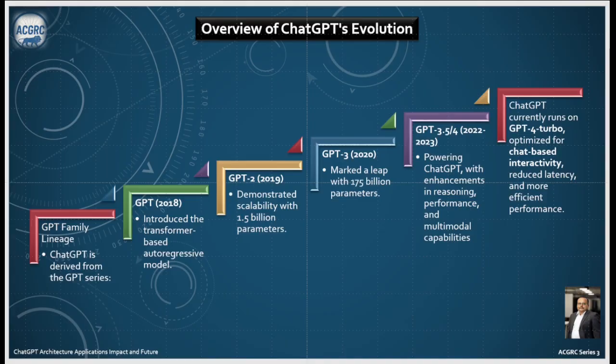GPT-3.5 and 4, between 2022-2023, powering ChatGPT with enhancements in reasoning, performance, and multimodal capabilities. ChatGPT currently runs on GPT-4 Turbo, optimized for chat-based interactivity, reduced latency, and more efficient performance.